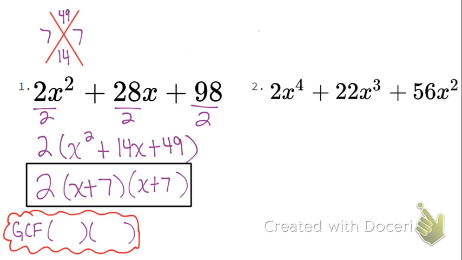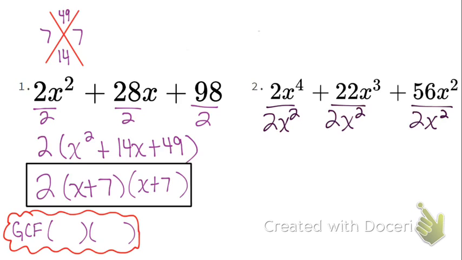How many do you think that would be? Hopefully you're saying x squared. It's limited by this last term here. This one only has 2 x's to give up. So if they all have to give the same amount, that's as much as they can each give.